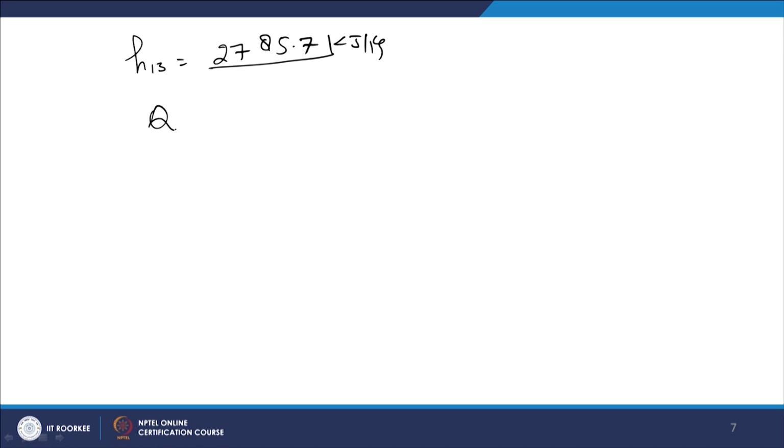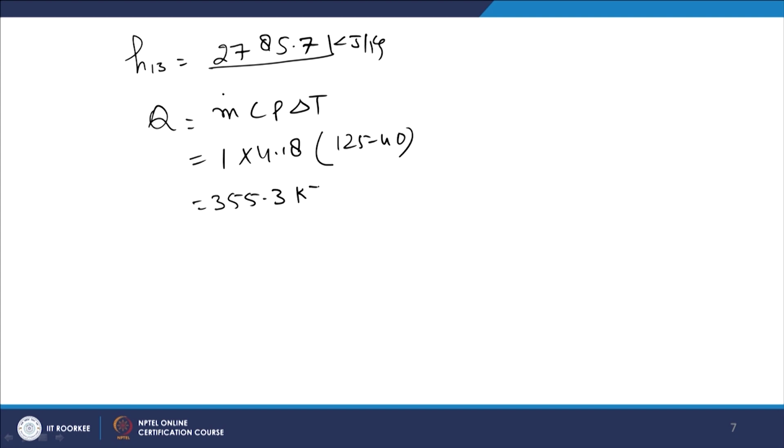So, sensible heating is m Cp delta T, right? We are analyzing for 1 kg of water. So mass flow rate is 1 kg, Cp is 4.18 and delta T is 125 minus 40, and this will give the value 355.3.